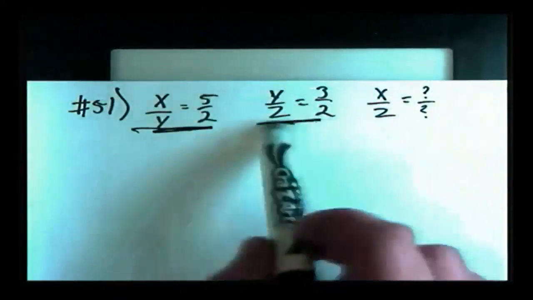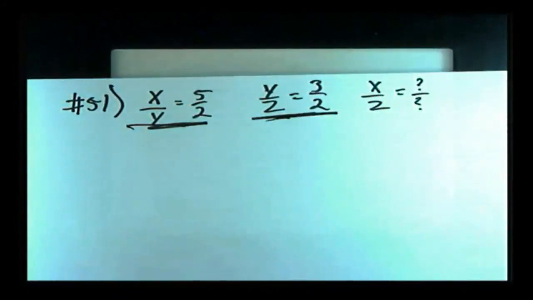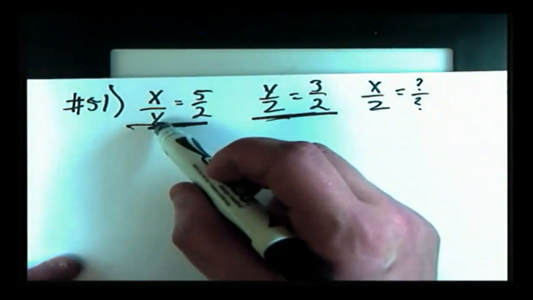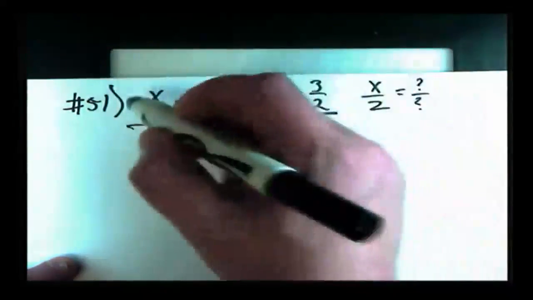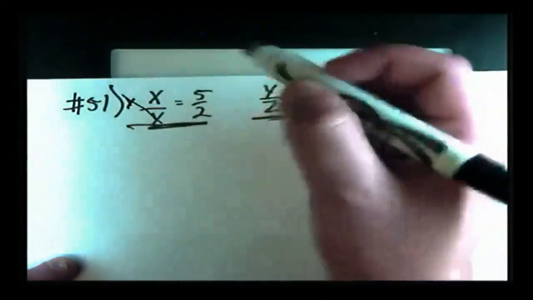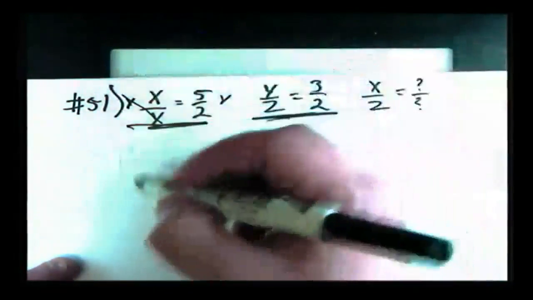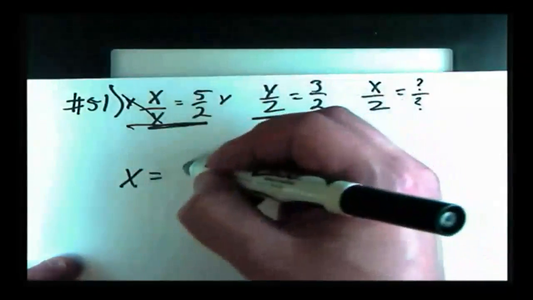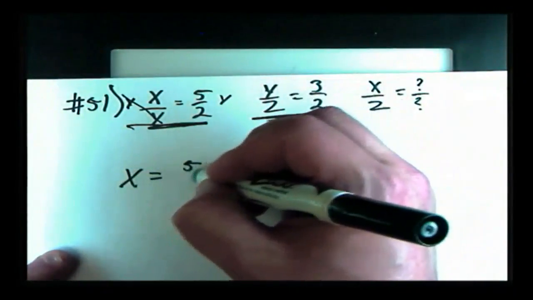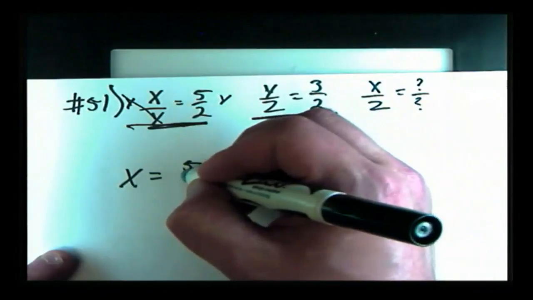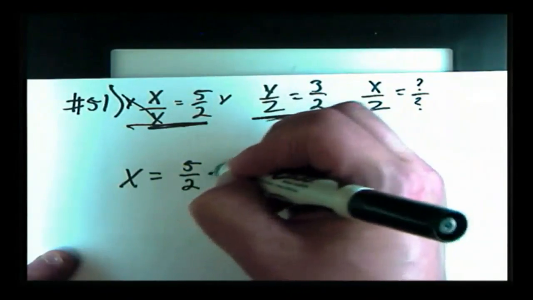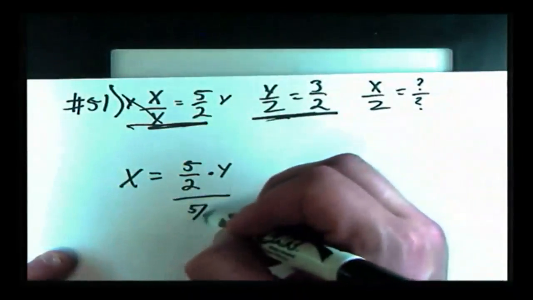So I solved this problem by solving for y in both equations. Notice there's a y in both of these. So I solved this equation for y. I multiply this side by y, it goes over here, so I have x is equal to 5 halves times y. And divide out the 5 halves.